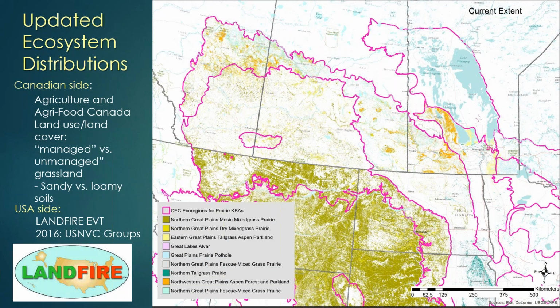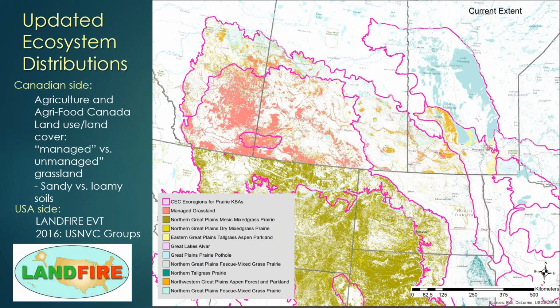And so we would be very conservative and say only the unmanaged land cover for grasslands would be applying to our current extent of these natural prairie types. You can see here that has a pretty significant impact. We'll look at this in a little more detail as we go further on, but as it relates to both this dry and the mesic northern Great Plains mixed grass prairies, it shows a lot as really not counting towards its current distribution.